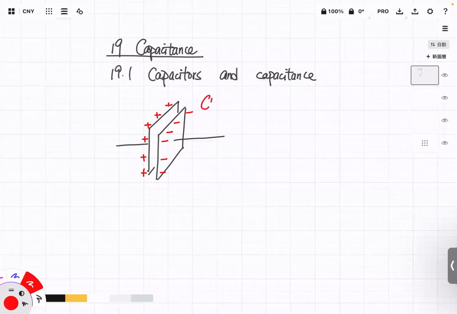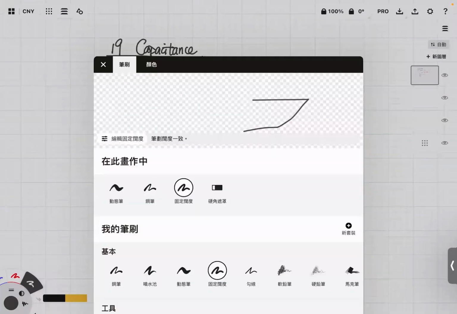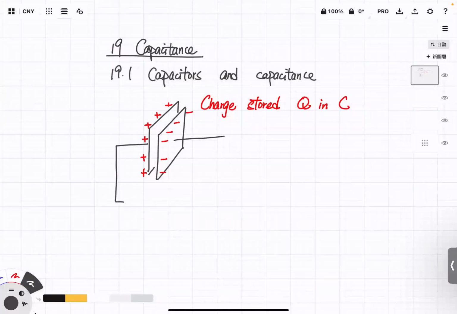So here will be the charge stored on a capacitor, is called Q here, in the unit of coulombs. But on the other hand, in order for you to prepare such an amount of charge on the two plates, you need to connect this to a potential difference.